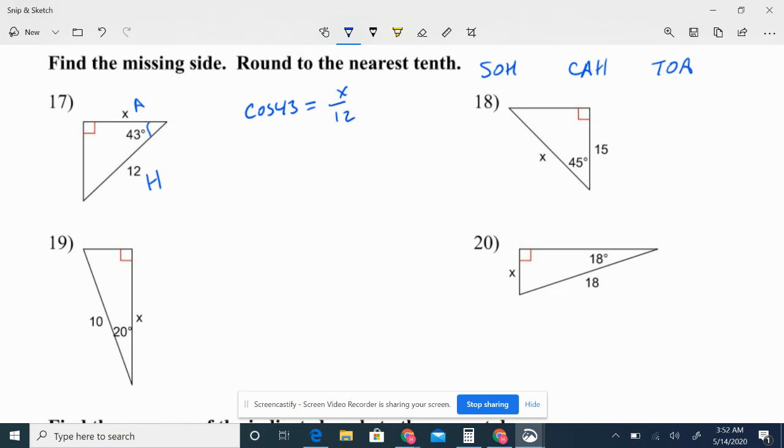Because the x is on top, I'm just going to multiply both sides by 12. That way the 12s cancel out. I have the x by itself. So I have that x is equal to 12 times cosine of 43. I'm just going to say x is equal to, let me get my calculator out.